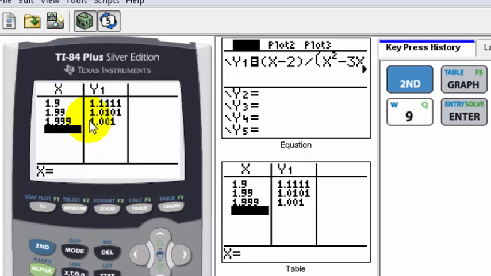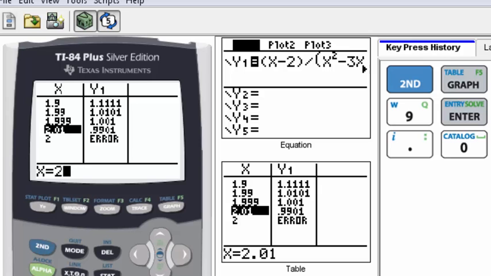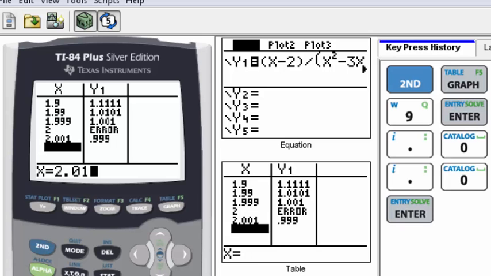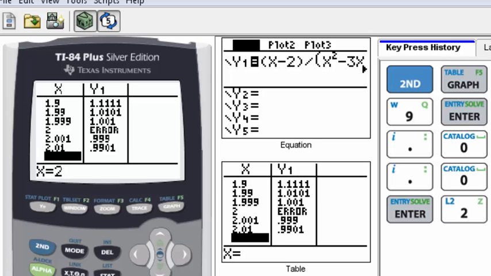Okay, we're going to do the same thing, except this time we're going to look at it from the right. I'm going to put a 2 in here just so that we see the value that we're trying to approach. And then we're going to put in 2.001, 2.01, and 2.1.